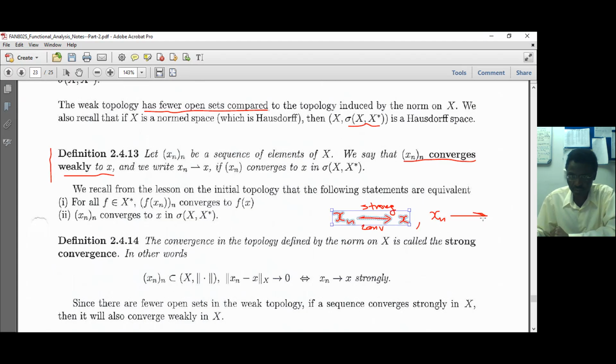That is weak convergence. Instead of having the double or full head, you have half, to indicate weak convergence. So that's a new notation. You should take note of that. So Xn converges weakly to X if Xn converges to X in the weak topology.